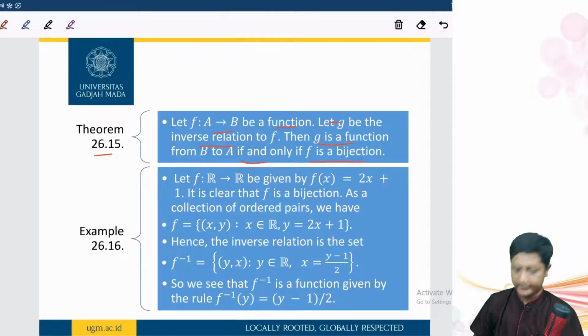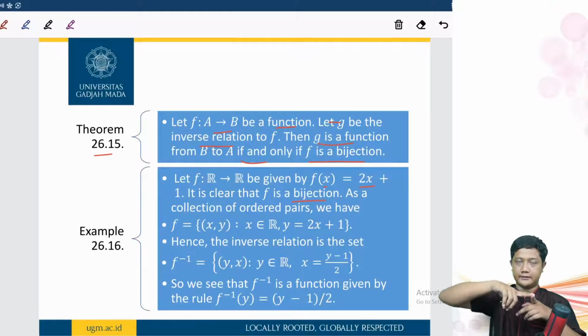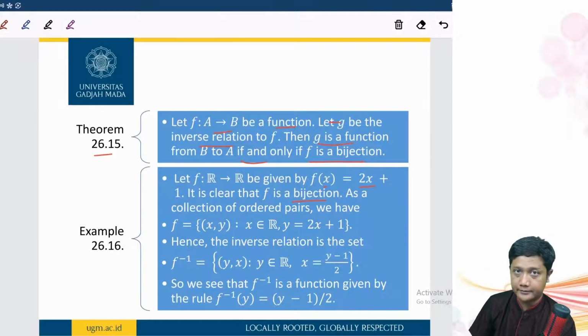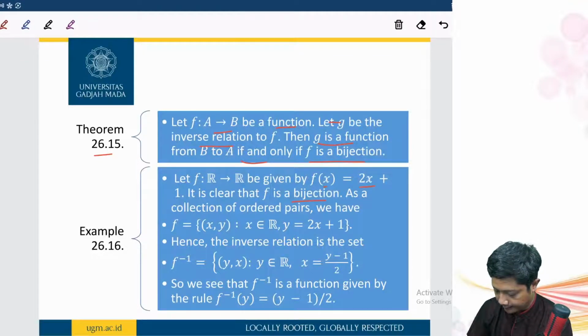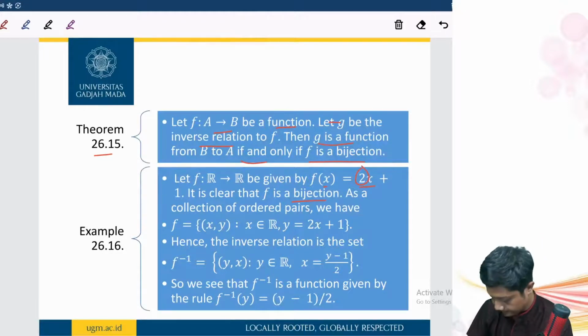For example, if we have this f(x) = 2x + 1, it's clear that it is a bijection because we have a linear function, and a linear function is a bijection. It should depend on the gradient, but this one the gradient is 2, so it should be okay.